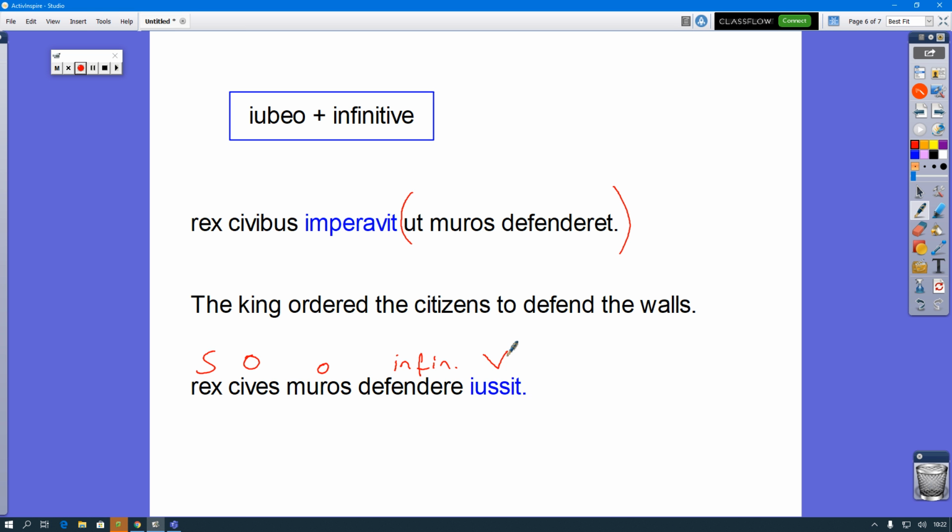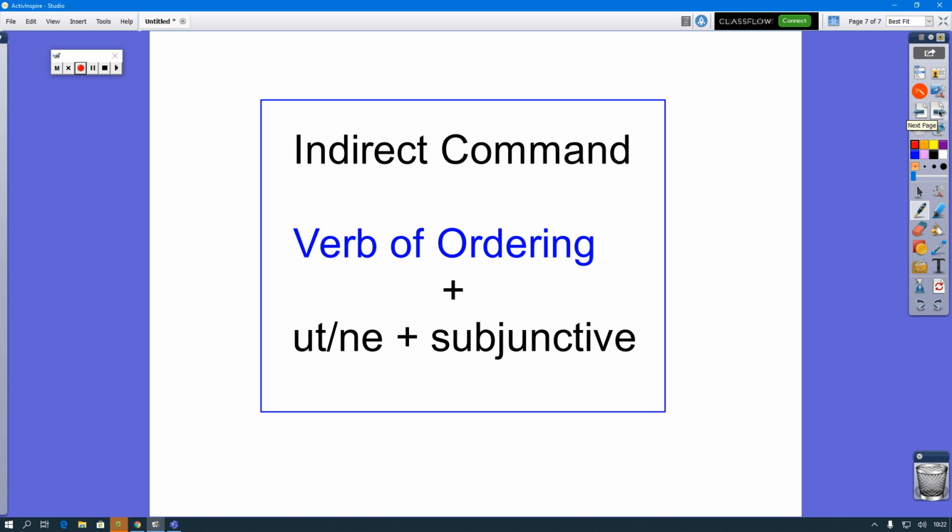But iubeo you will always find just with an infinitive after it. To summarize then, indirect command, you're going to find a verb of ordering followed by ut or ne plus the subjunctive. And that subjunctive is going to be the imperfect subjunctive.